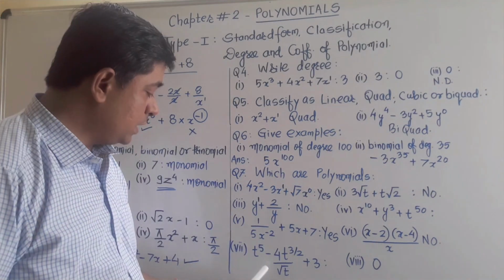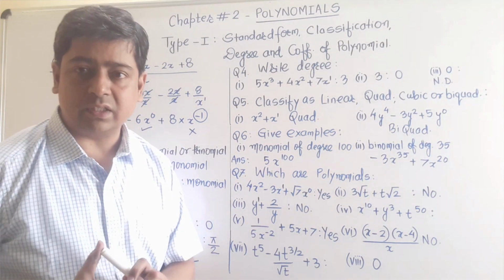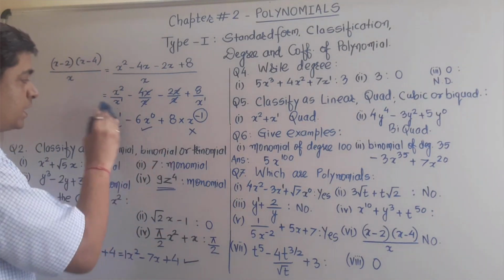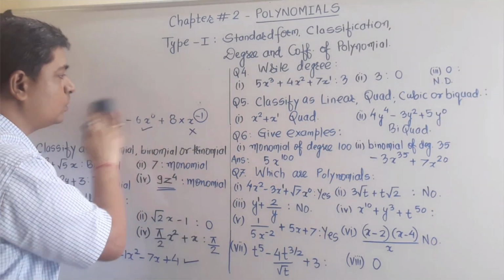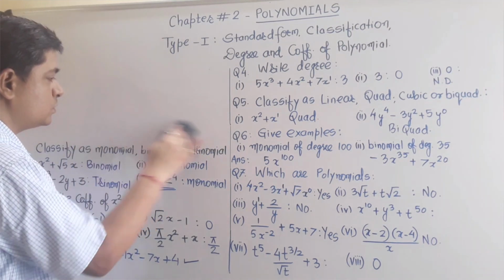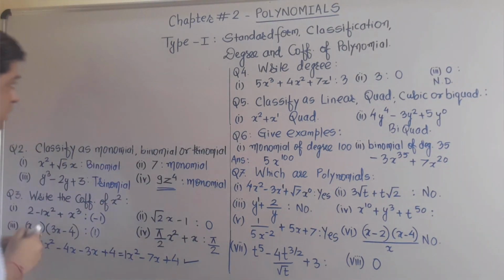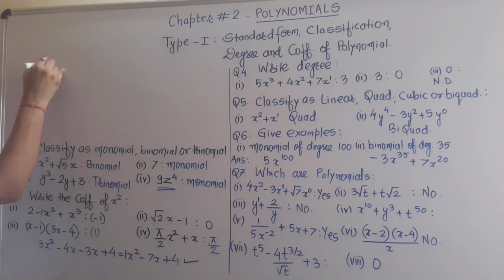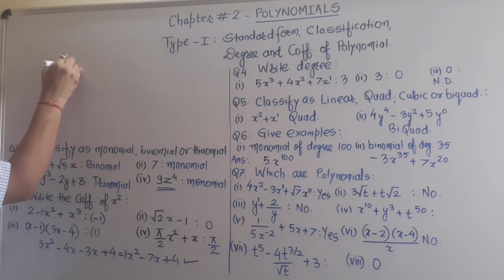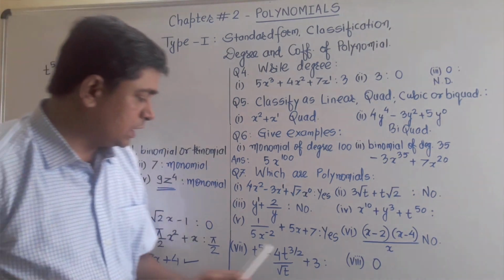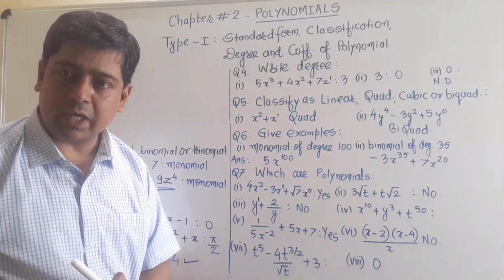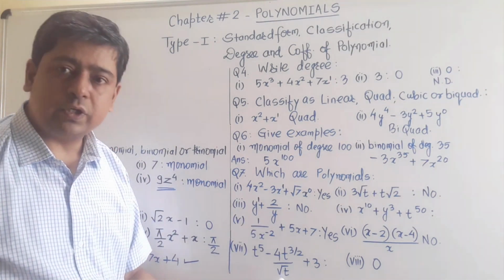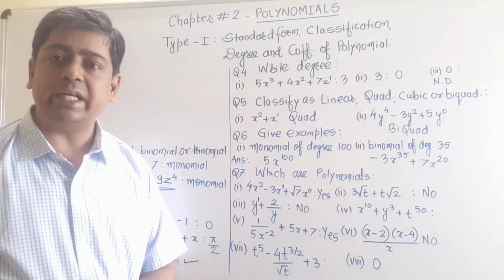Now let us see part number 7. In part number 7, again we have to simplify the given expression and then only we can decide. So first of all, see what is given to us: t to the power 5 minus 4 into t to the power 3 by 2, which I am copying as it is, and root of t I am copying as t to the power 1 by 2.